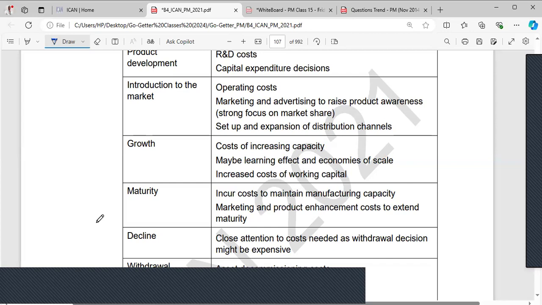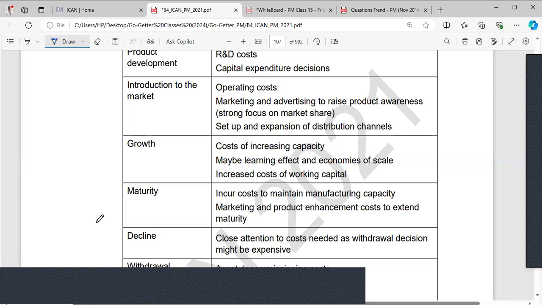Then the decline stage, that means you're no longer making profit at all, and you are having maybe the product at the end of its life. Close attention needs to be paid to the withdrawal decision. Withdrawal decision might be expensive.